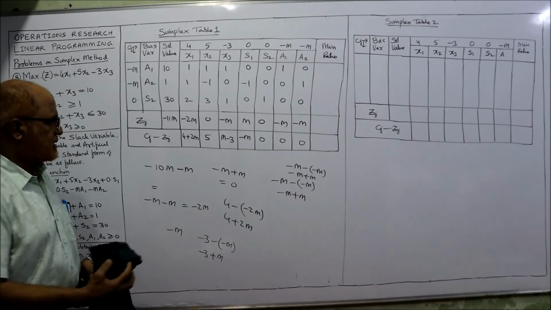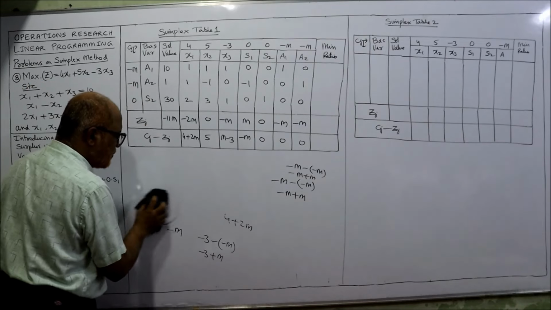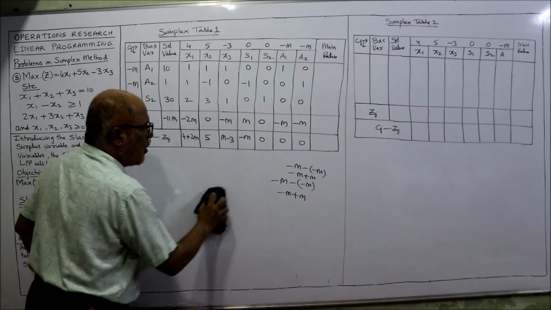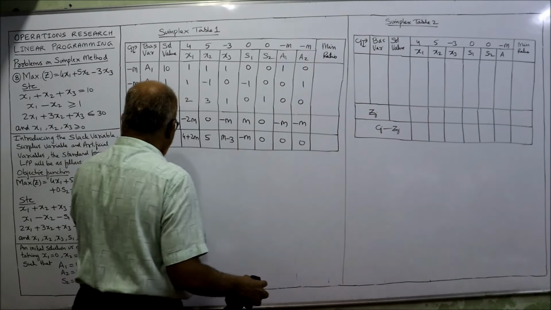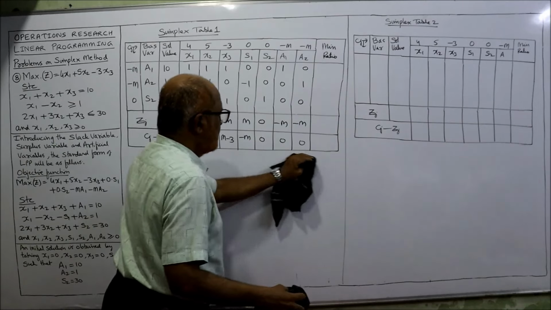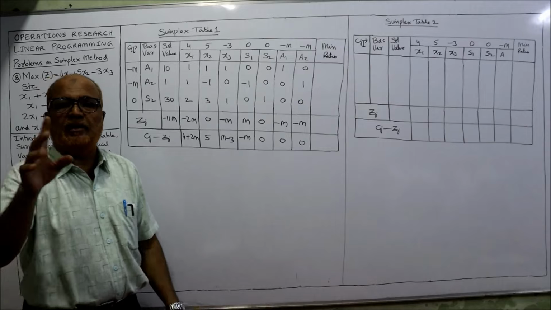Now the optimality test. The optimality test for a maximization problem says all the values should be zeros and negatives. Write it down immediately.